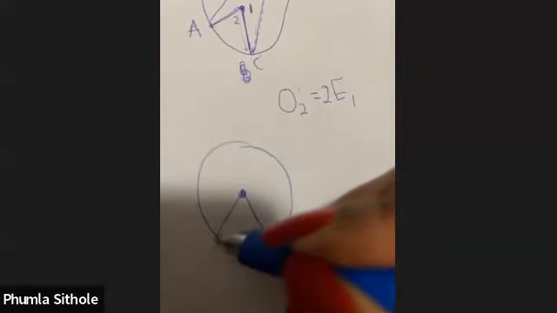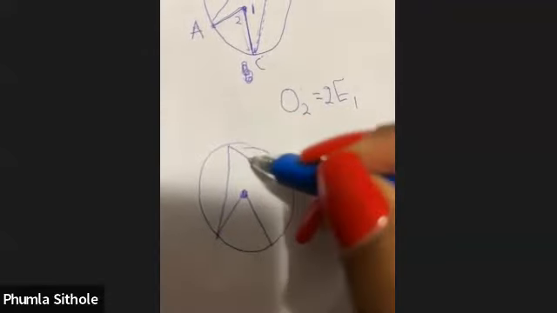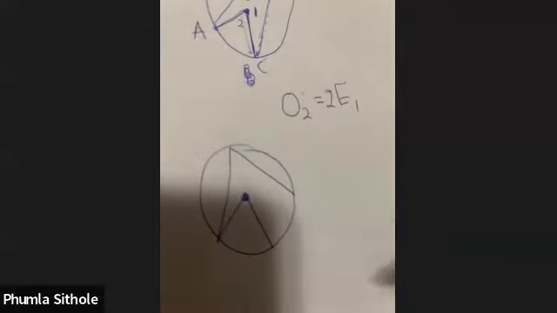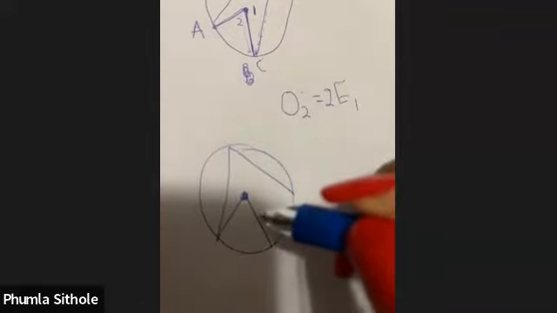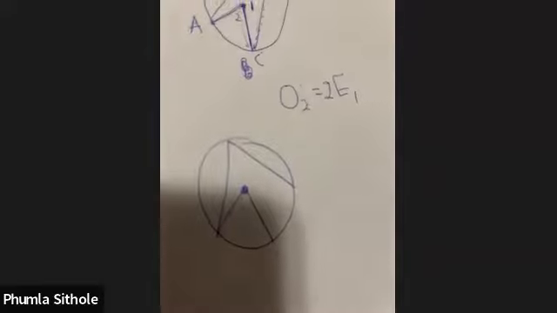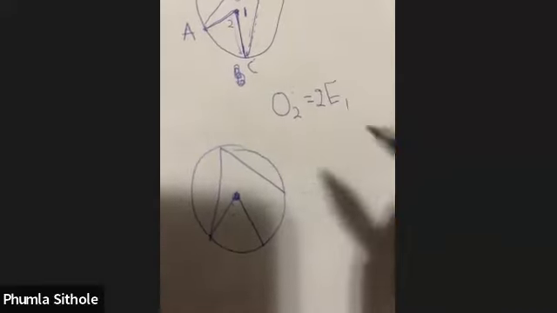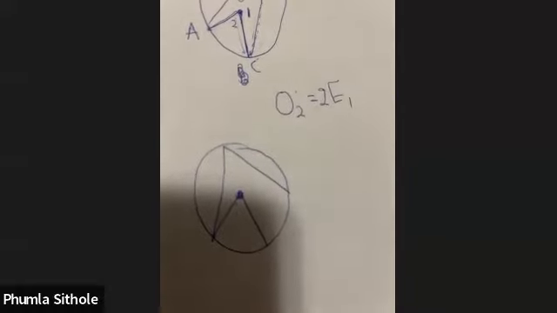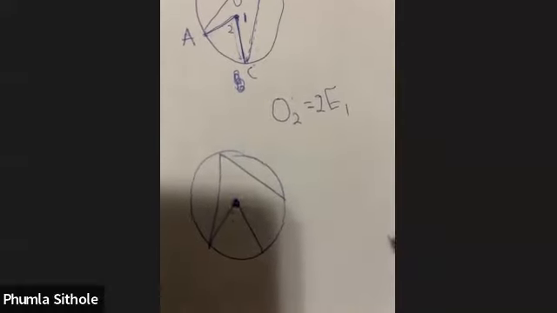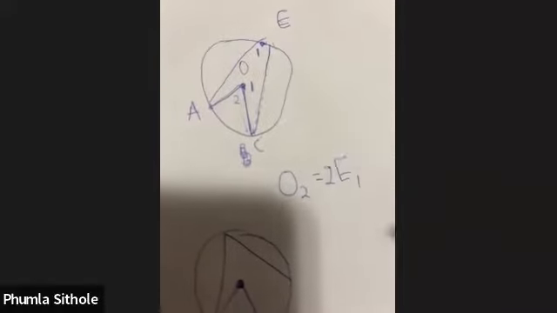Right. Then you have something like this, and the other one goes like this. So this is not the case where the angle at the center is 2 times the angle at the circumference. That will not apply because they are not coming from one position. So you need to make sure that they are coming from one position, like this one, this position.